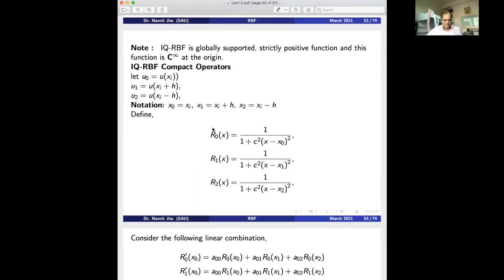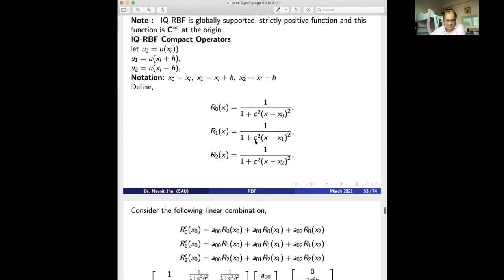So here the inverse quadratic function is defined like this: r0 of x equal to 1 by 1 plus c square times x minus x0 square. On the same line, I will define r1 of x and r2 of x. So three radial basis functions, in the same pattern, I have defined like this.